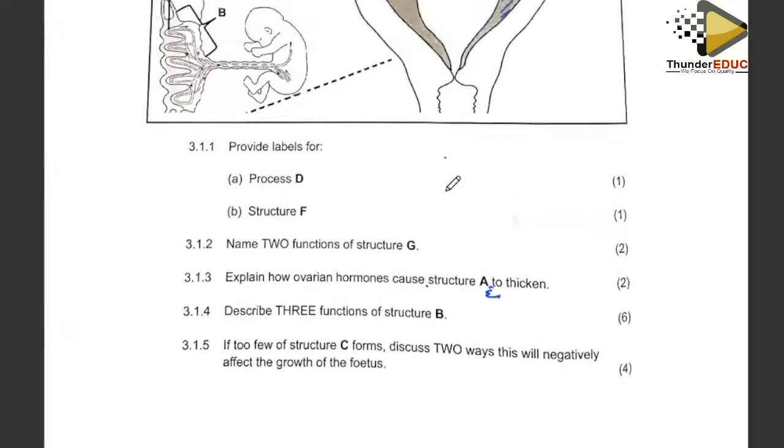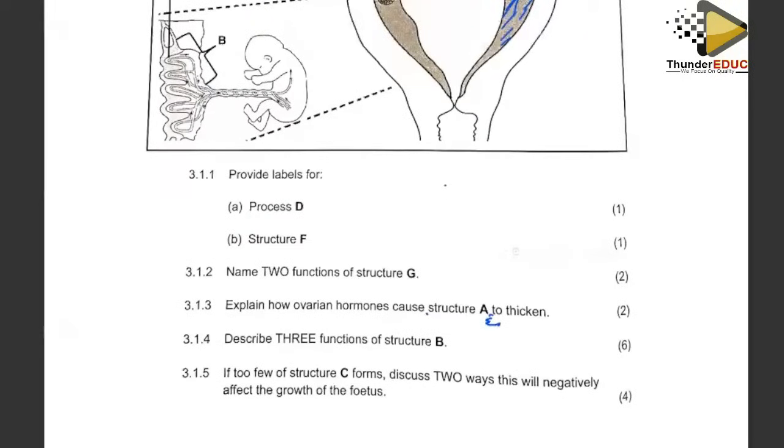They are being produced by the ovary, whereby one is the Graafian follicle, another one is the corpus luteum. So that is estrogen and progesterone. So how does the estrogen and progesterone aid? It's going to explain how the ovarian hormones cause structure A to thicken.